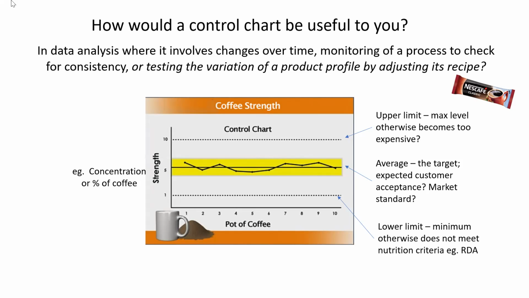It can be regulated, it can be decided by an organization, or it can be based on your own standards. If you want very high performance in your students' assessment, then make a very tight control chart and have that average be higher than 75%, for example.